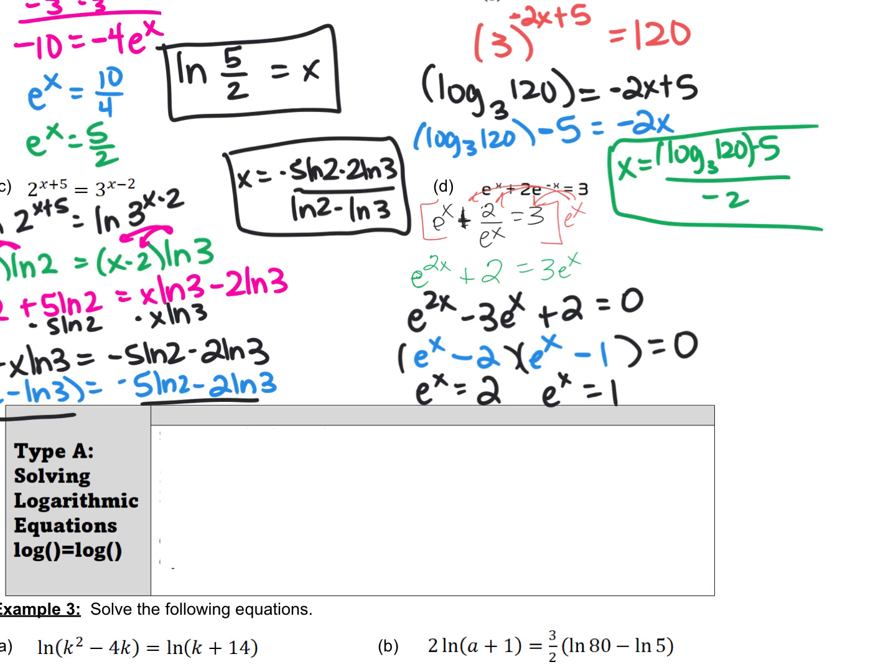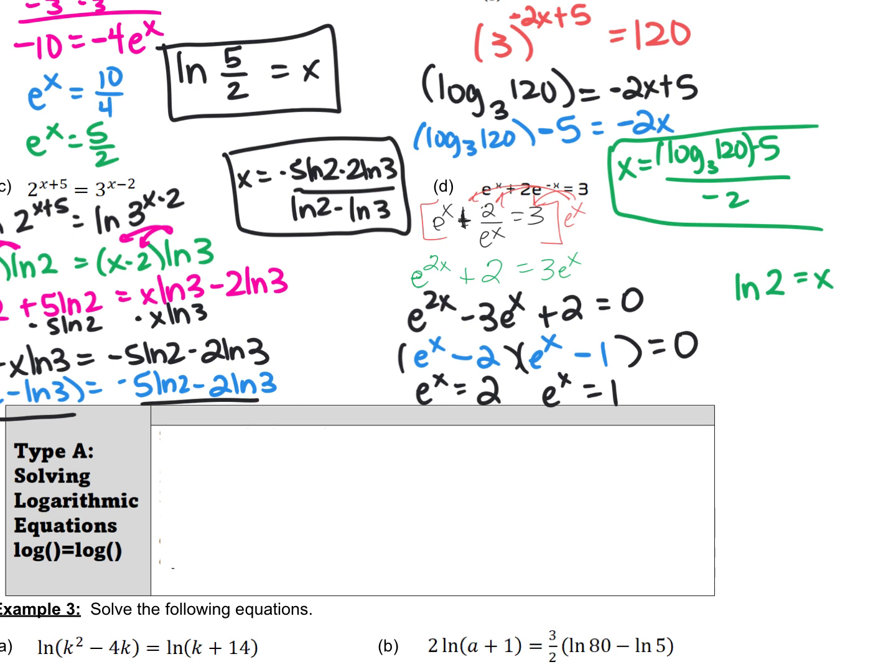Just like when we factored those other quadratics, x was the opposite, but this is an e to the x. Now, here's where we use that exponential solving. Rewrite it as a logarithm. If I have a base of e, that gives me the natural log of 2 is equal to x. I just rewrote it.